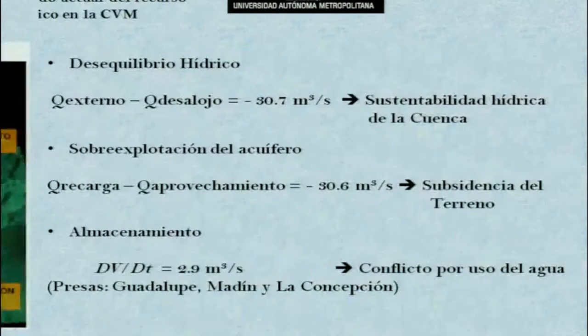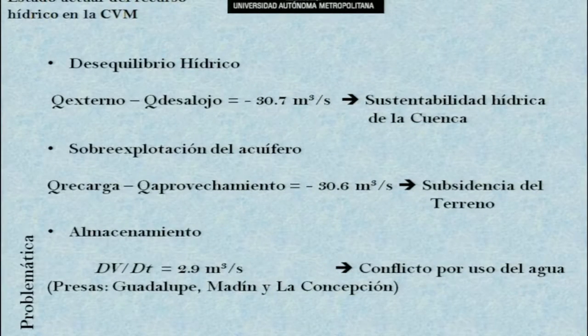For instance, if we were to add all these flows, inflows and outflows, we have a change of volume in the basin, and we call this the storage. The storage we have here, fortunately, is positive, but it's approximately 3 cubic meters per second.